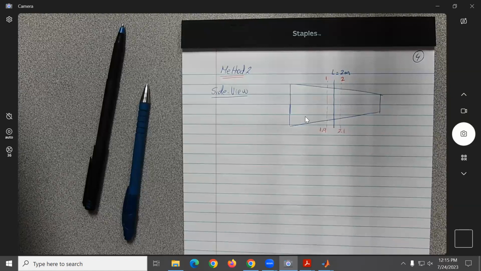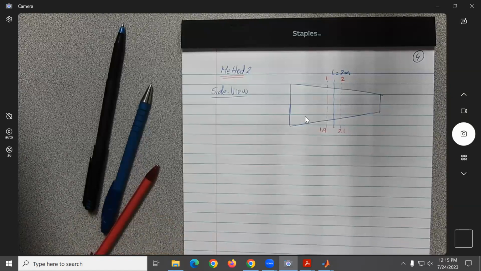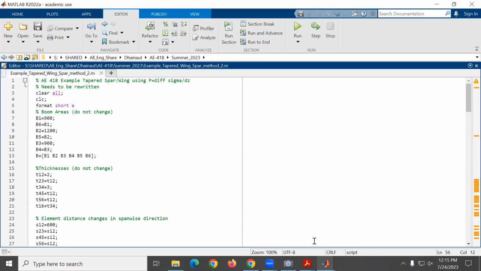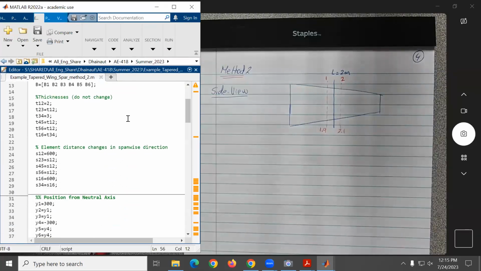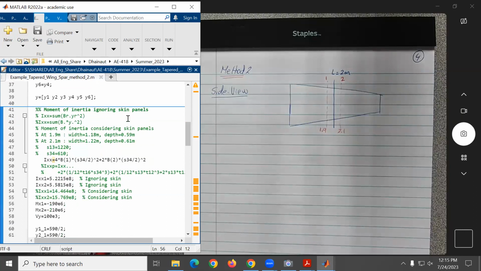Okay, so again, like I told you, I did this the other day before leaving home. So I did everything straight into MATLAB. I did not take any notes. So let's see. I think I did all the notes over here. Yeah, so you see here.